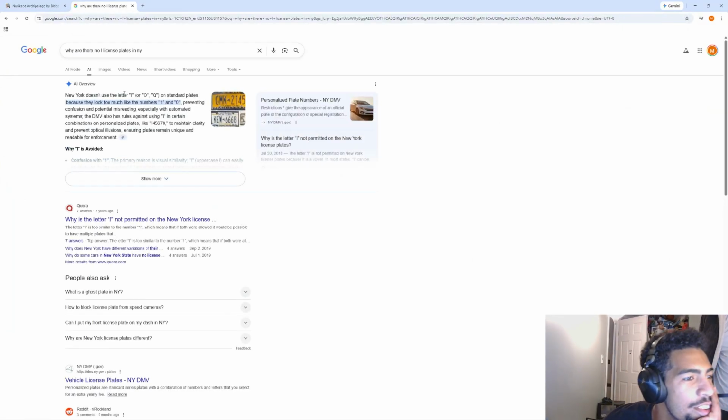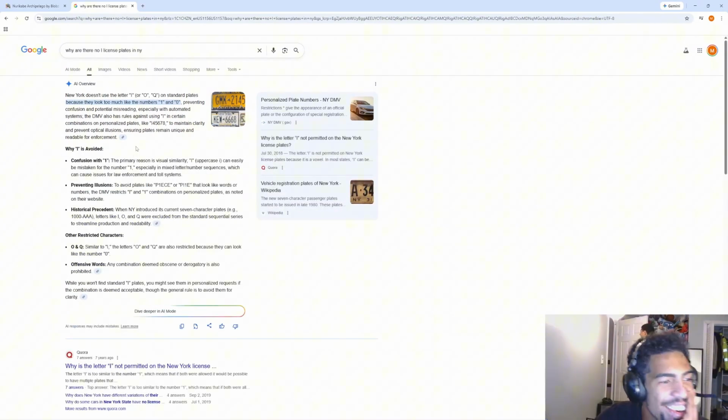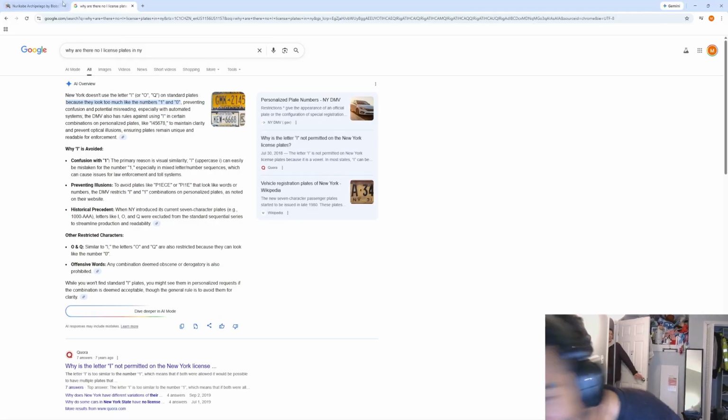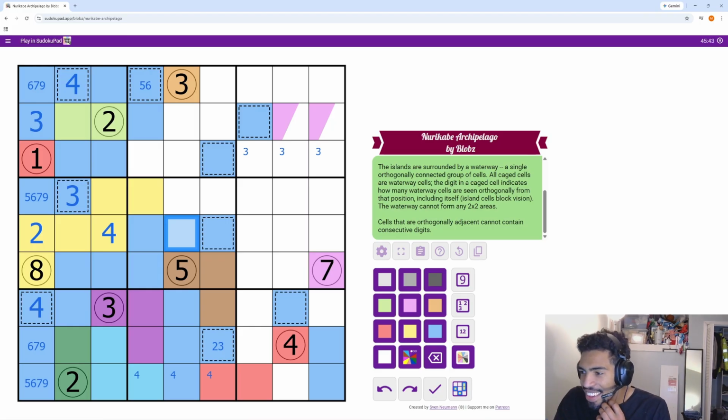New York doesn't use the letter I, O, or Q on standard plates because they look too much like the numbers 1 or 0. Wow. So even that number goes down now. What? That's insane. Damn. All right, interjection, low key.